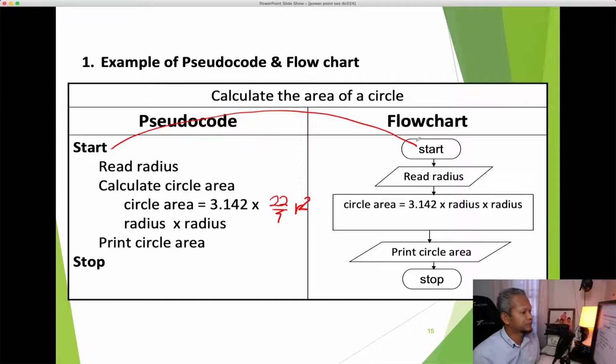Read radius. But the difference here is that there is a shape and then an arrow. And then calculate. We don't need to write calculate in the flowchart. We directly write circle area equal 3.142 times radius times radius, but we need to put it in a rectangle shape. The rectangle shape represents the process.